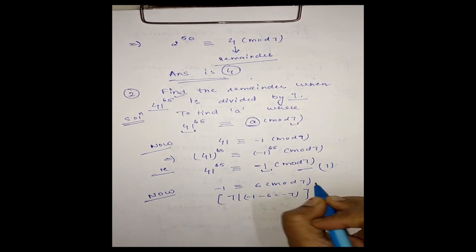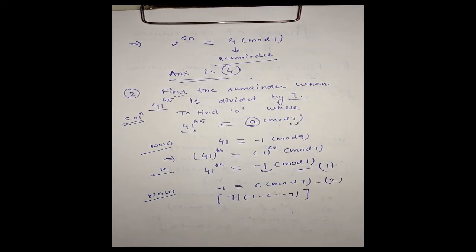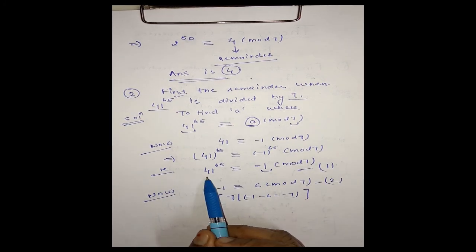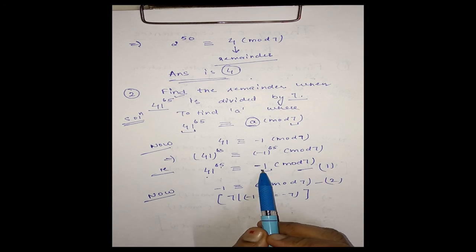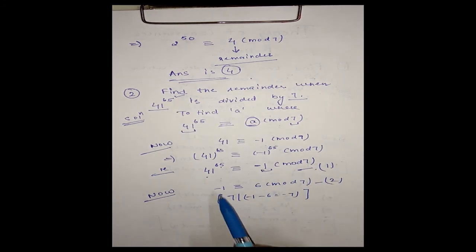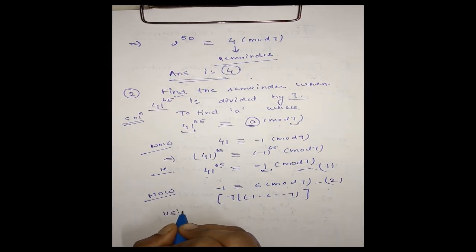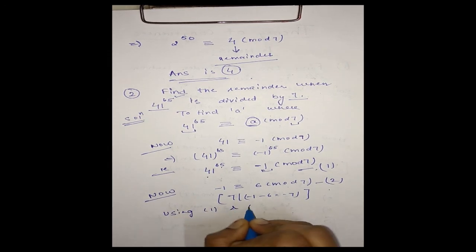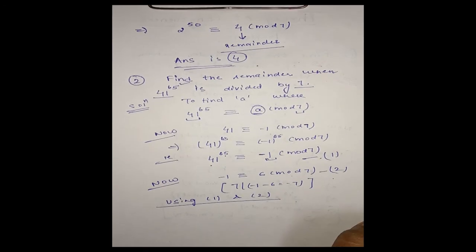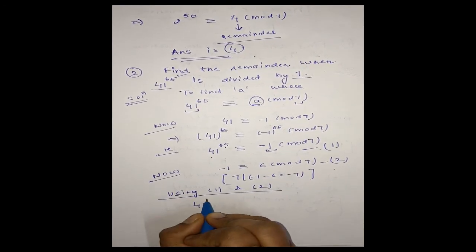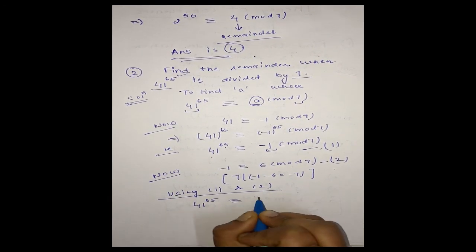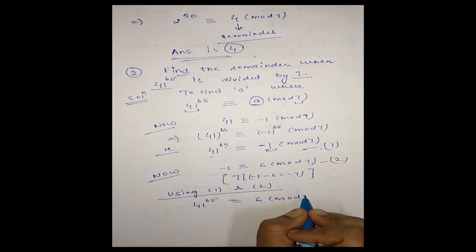Mark this as equation number 2. Now 41 power 65 is congruent to minus 1 modulo 7, and again minus 1 is congruent to 6 modulo 7. Using 1 and 2 and the transitive property of congruence relation, we get 41 power 65 is congruent to 6 modulo 7.